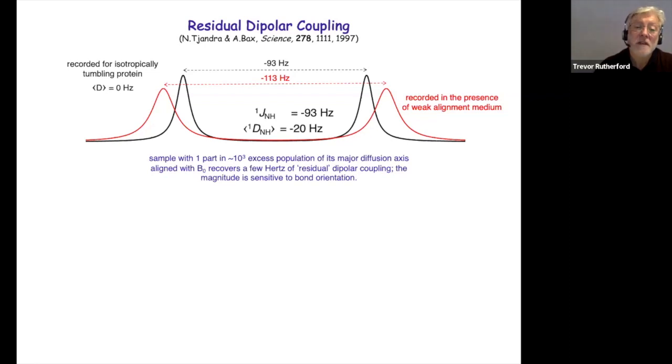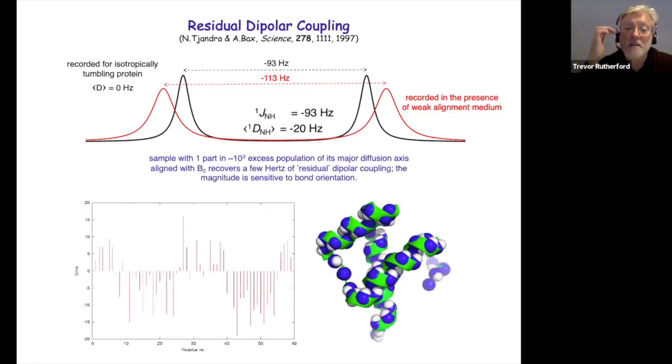That's the process. When we look at a real example, a very trivial example in this case, it's a small 3-helix bundle. And what you notice in there is that the NH bond, the axis of that bond orientation, is roughly collinear with the helix axis, very roughly.